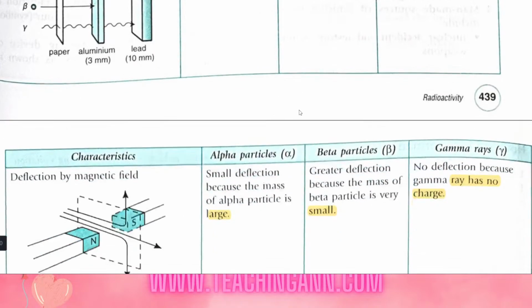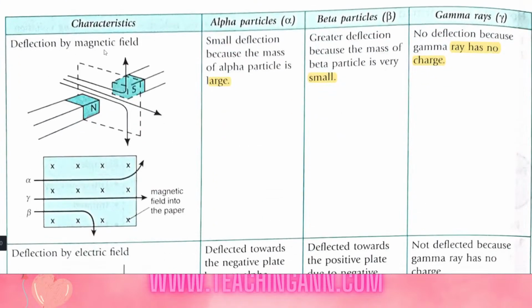So deflection by magnetic field. These three radiation rays, if I put them through a magnet, gamma ray will go straight, no deflection. Alpha particle, the deflection is very big. It will go upward, and then beta particle will go down.